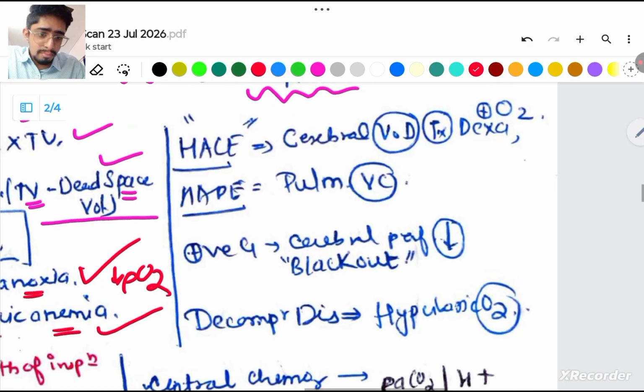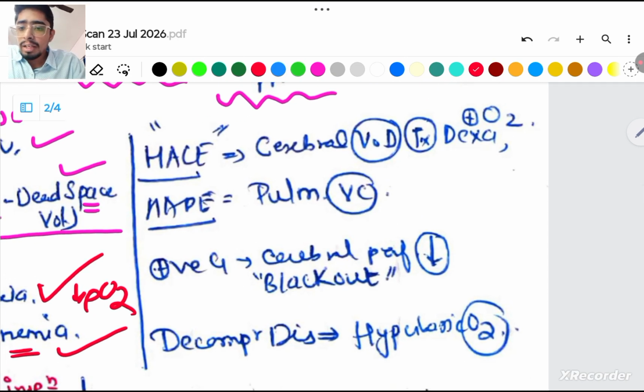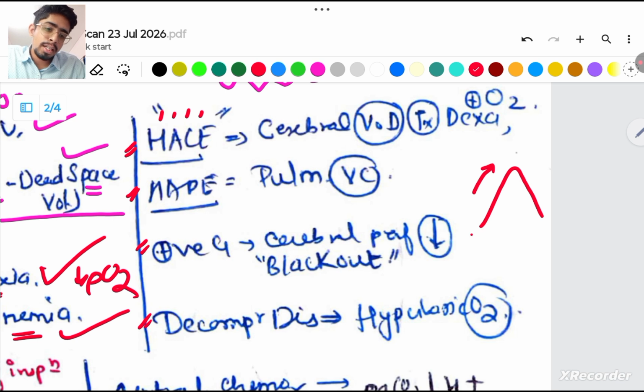Okay, now let's take a look at altitude physiology and deep sea physiology, and also some important points. Okay, what is HACE? It is high altitude cerebral edema. Whenever you go to the top of the hill, you experience headache, nausea, dizziness. Why? What is the physiology?